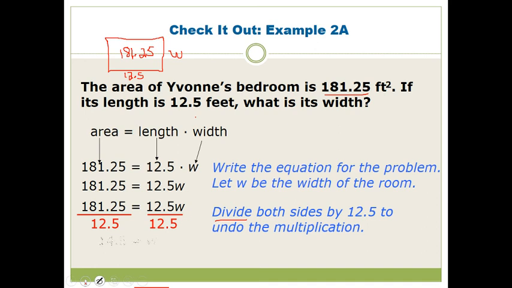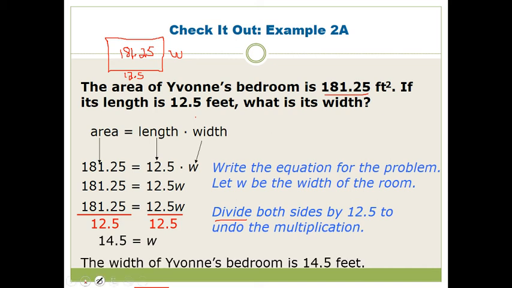So I'm going to go ahead and divide both sides by the 12.5, and we get that the width is 14.5. We're saying that if I take 12.5 and multiply it by 14.5, I should get 181.25. And in fact, you do. So we say that the width of Yvonne's bedroom is 14.5.